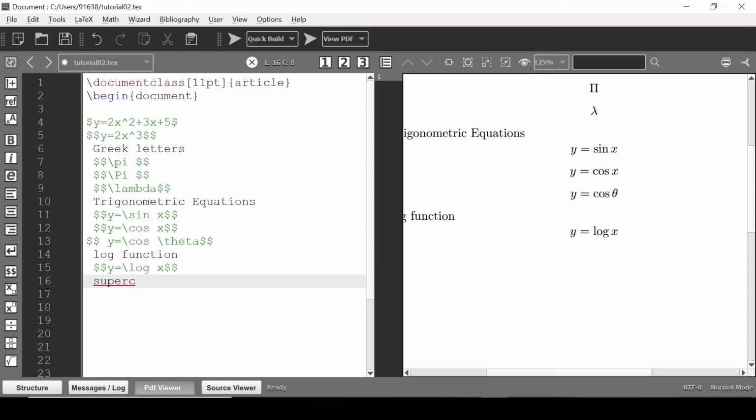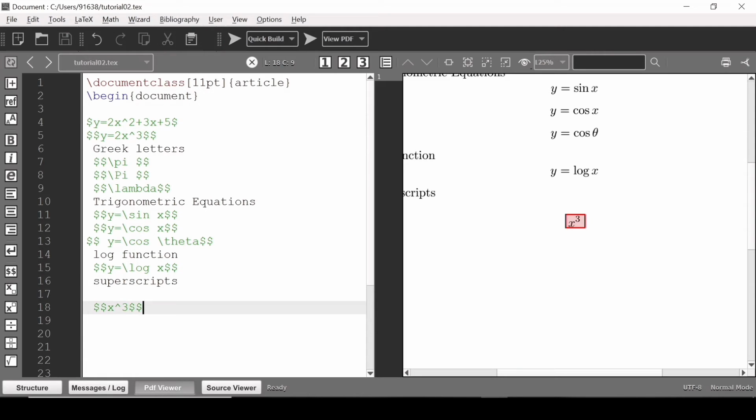Let's learn how to write superscripts. How can you write superscripts? Let's suppose a simple equation is like y equals x to the power 3, in a double dollar sign, of course.